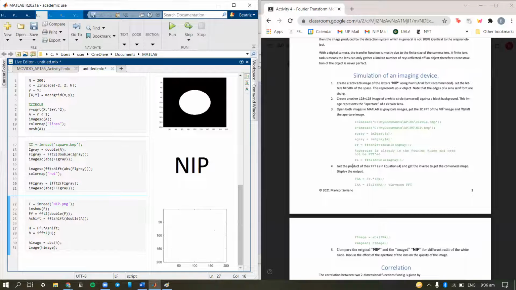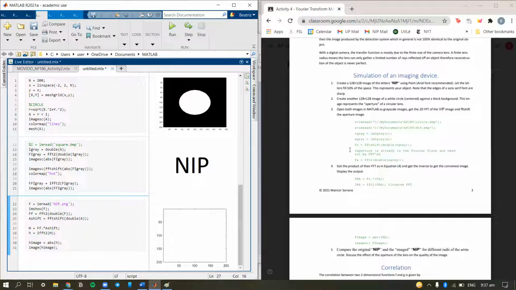Tama yan. Dapat ma-shift yung aperture. Why? Because afterwards, ma-shift na rin uli siya. Kasi that's the reason why we don't need to shift the output. Abs na ano. Wait lang ha, hindi ko alam. Wait, ano nangyari?